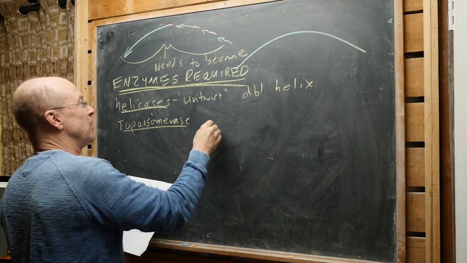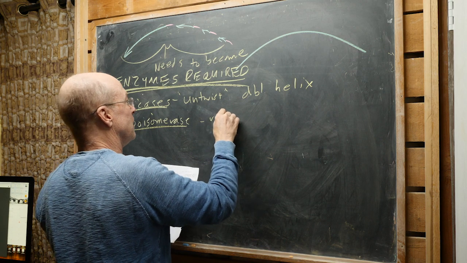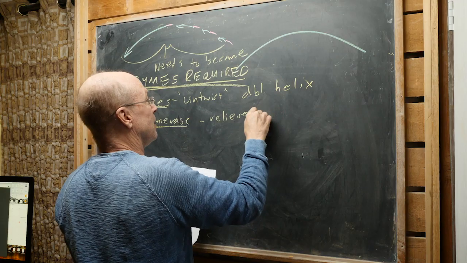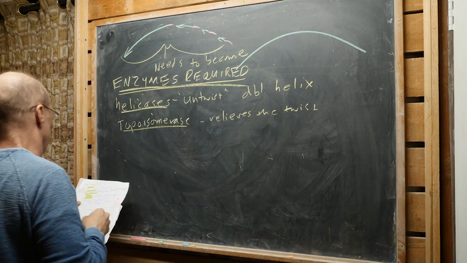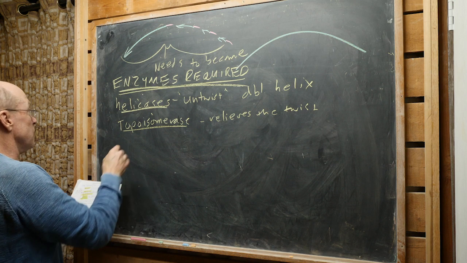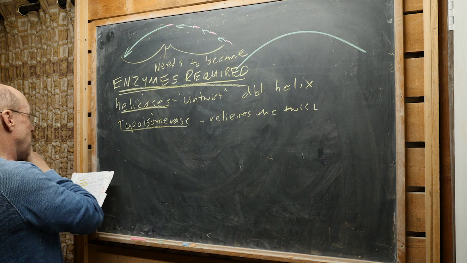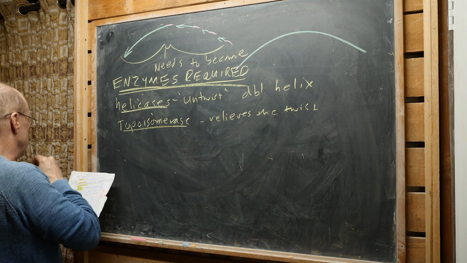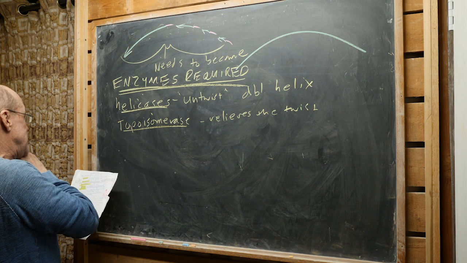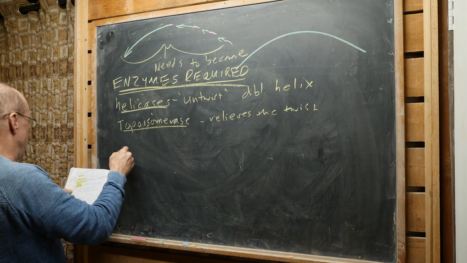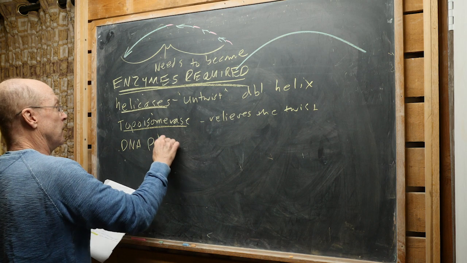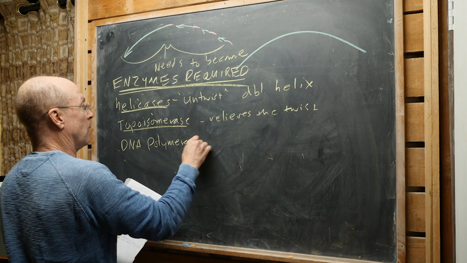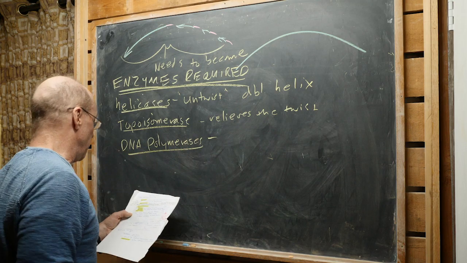Topoisomerase will eventually relieve the twist. We're going to need some other factors. This is DNA polymerases. And here's our DNA polymerase list.